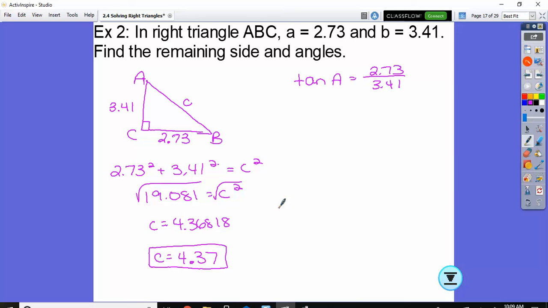You don't divide by it. We had some in section 2.3 like this. How do I move the tangent? You do the tangent inverse, tangent to the negative 1. Okay, so second tan, 2.73 over 3.41.